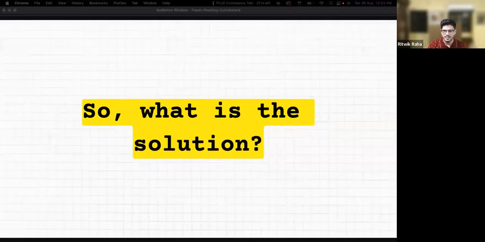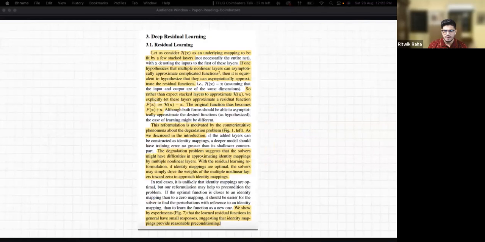So what exactly is the solution, and how do the authors propose that it makes the network learn better? Firstly, they propose the solution to be something called deep residual learning. Here we need to focus and understand what exactly they are proposing and how it is so beneficial to learning.